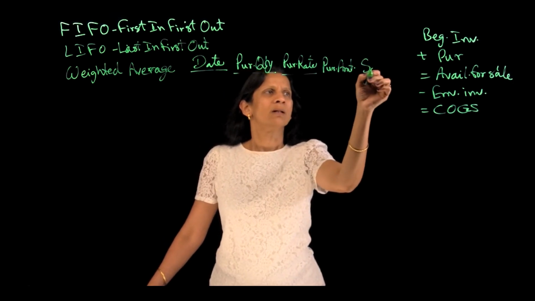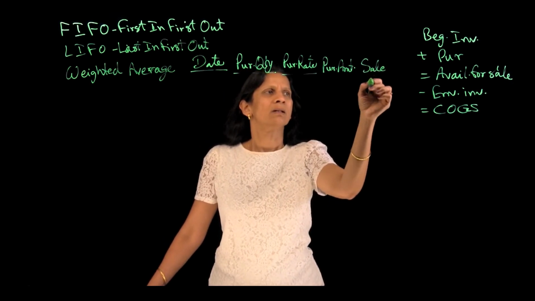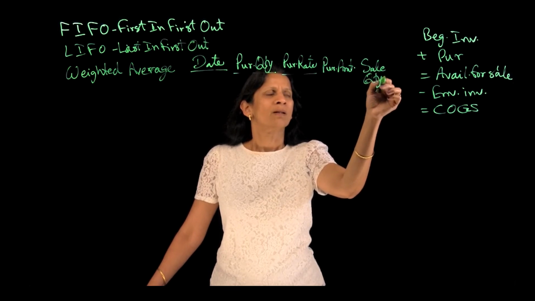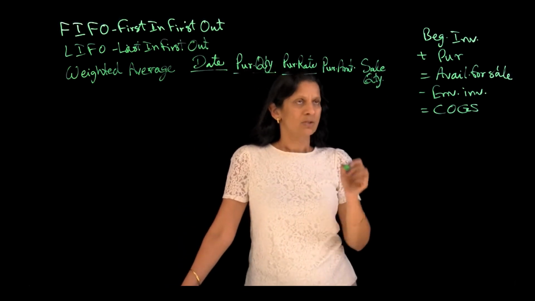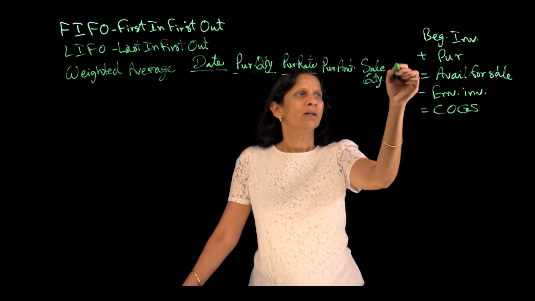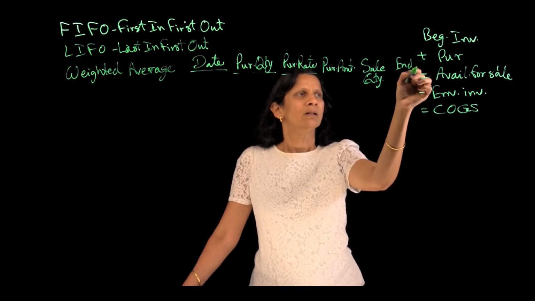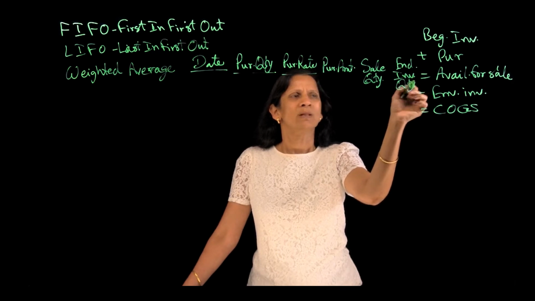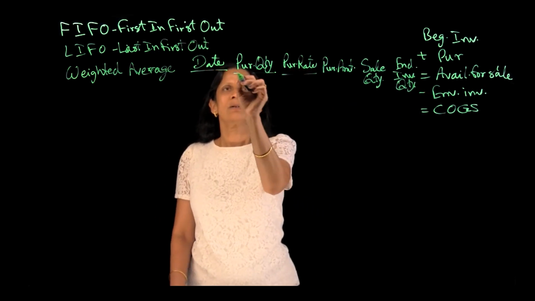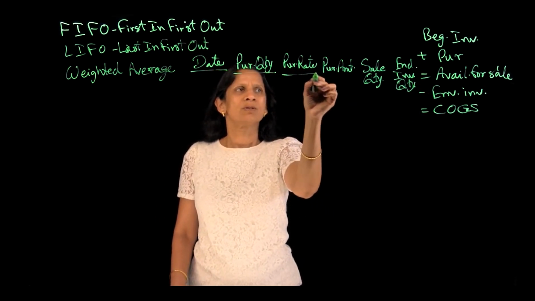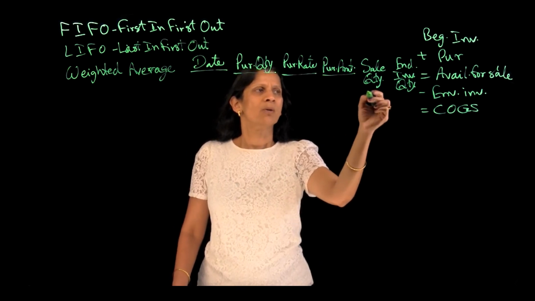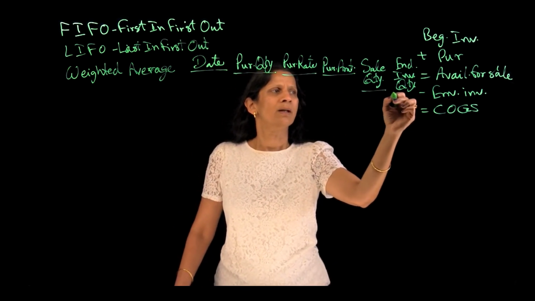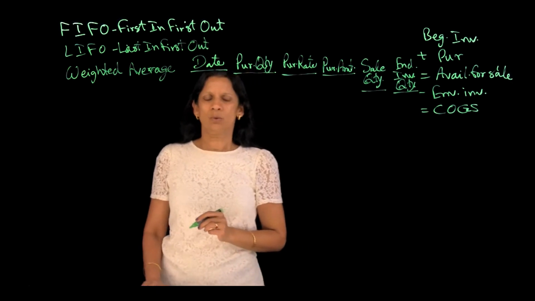Then this is my sale quantity. And based on that, this is my ending inventory quantity. So let me explain it again. Date, purchase quantity, purchase rate, purchase amount, sale quantity, and ending inventory quantity.